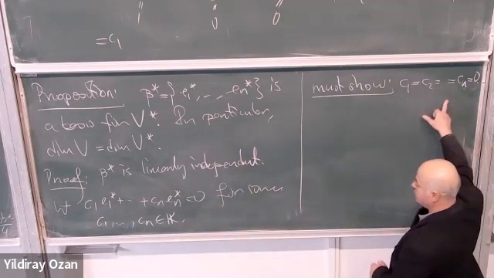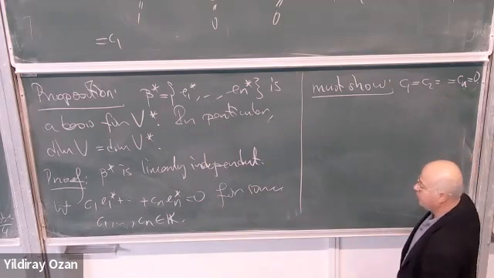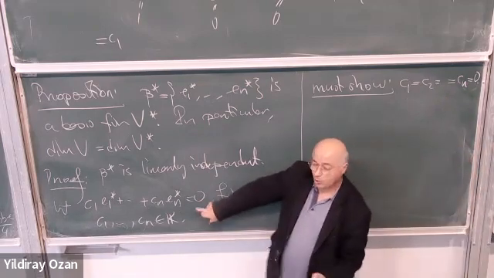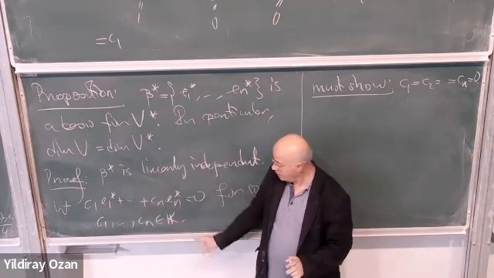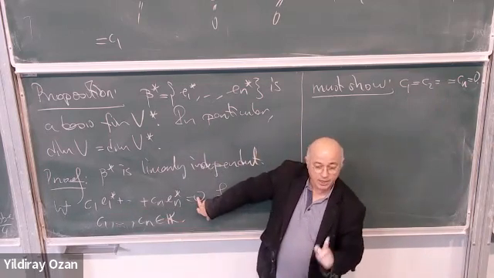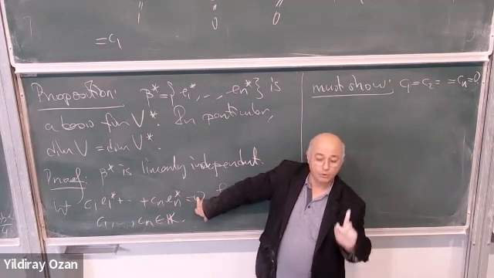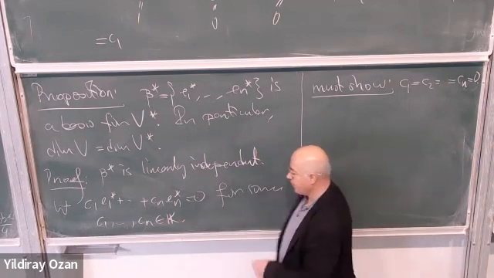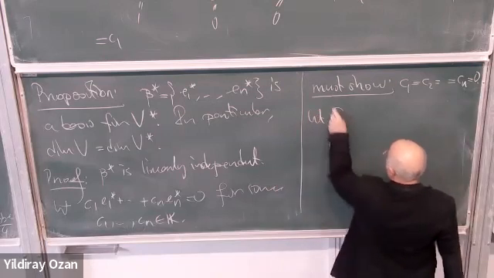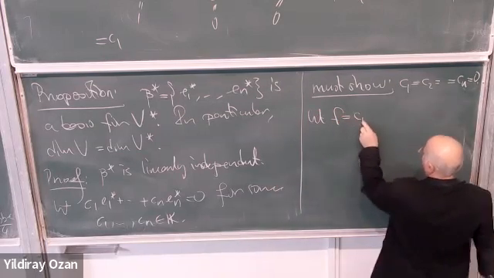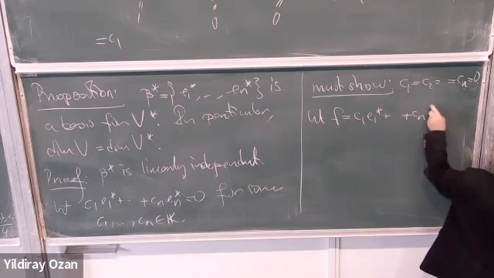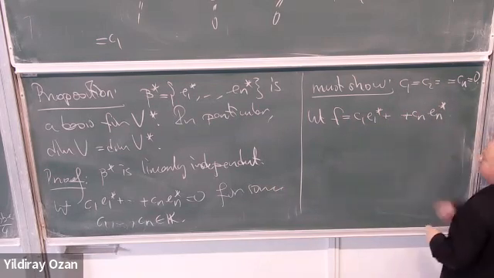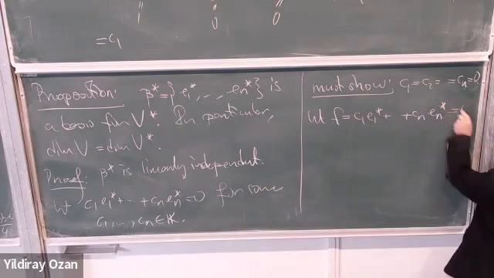Now, why are these 0? Well, it's very simple. This is 0 means this is a linear map, right? This linear map is 0 means it takes the value 0 at all vectors. So let's denote this linear combination F. And this is 0.